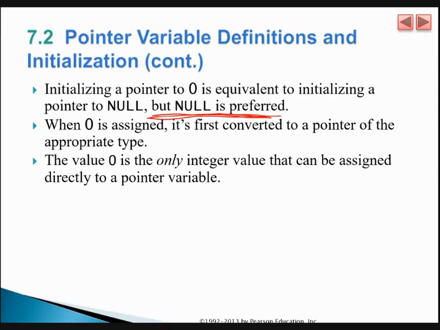Almost no one is using 0 to initialize the pointer. So generally we will use NULL or the memory address. But yes, 0 can also be given, no error will come. 0 will automatically be converted to a pointer of appropriate type, and then it will get stored.